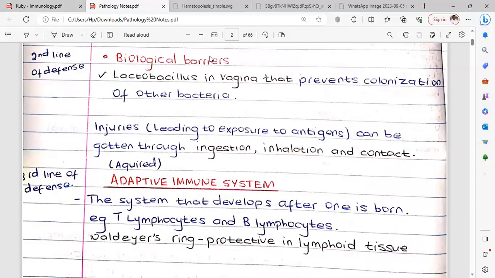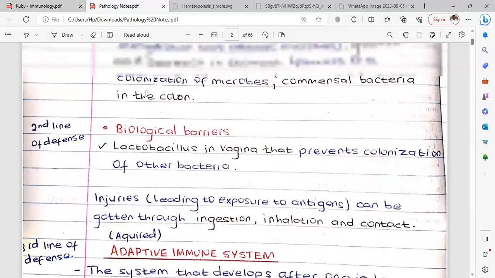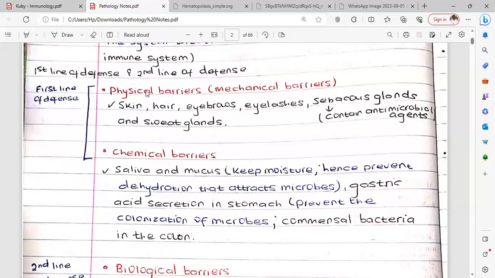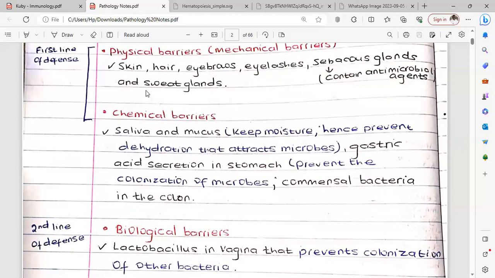Yes, innate has two, so we have three different lines of defense: first line, second line, and third line. The first line is the one that you come into contact with, so we have the skin, we have the hair. You need to get through the first line of defense before you get to the second line.